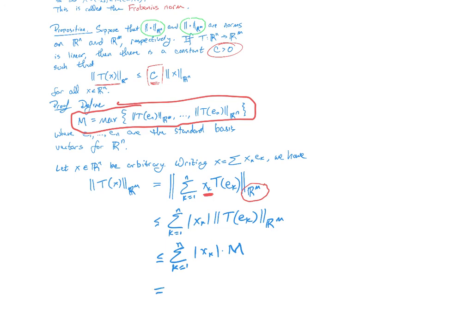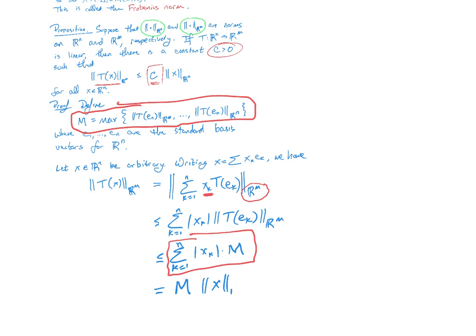Now, what is this? It's M times the one norm in Rn, which we'll just denote by 1.